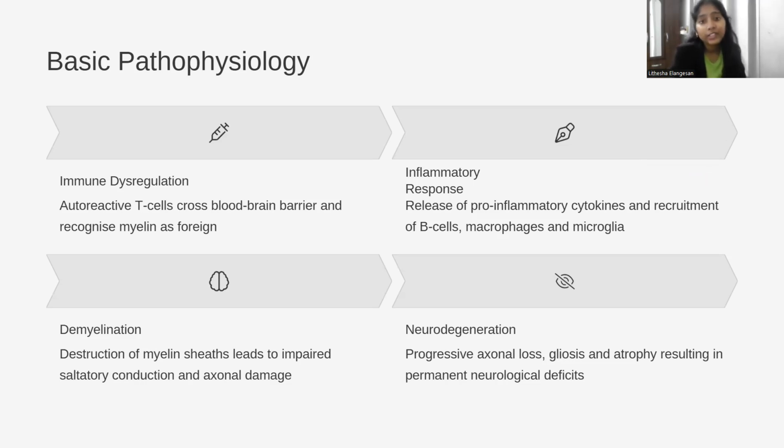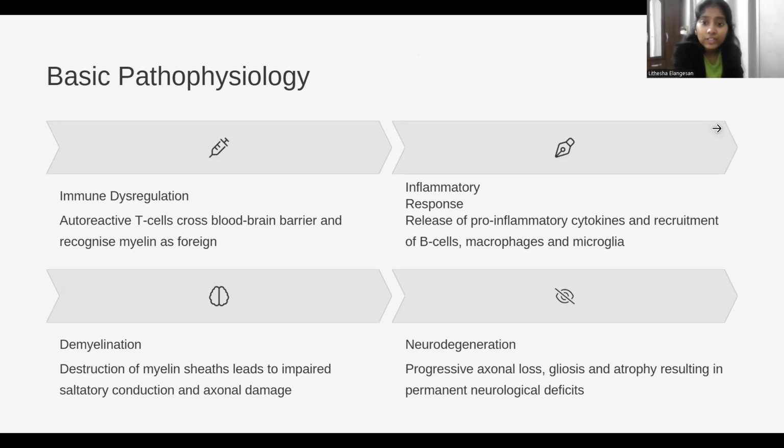This results in an inflammatory response like the immune system would do to any other disease. So pro-inflammatory cytokines are released. There are two types of cytokines, but this type promotes inflammation. Because these cytokines are released, more inflammation will happen, and there is recruitment of B cells, which produce antibodies if you've done A-level biology, macrophages, and microglia.